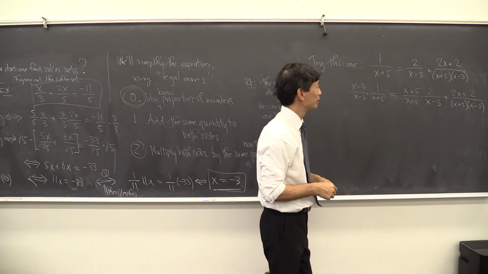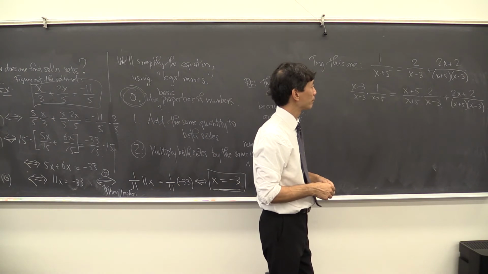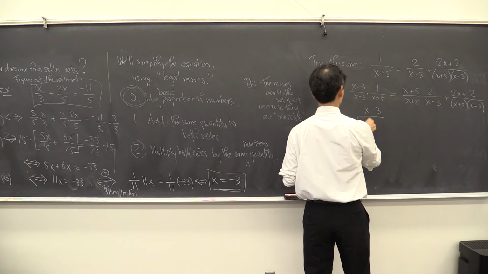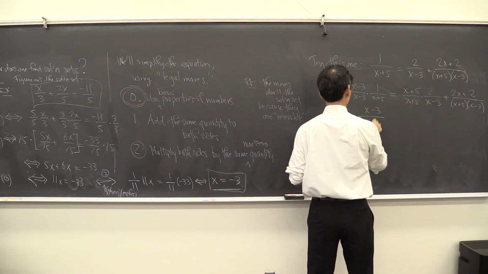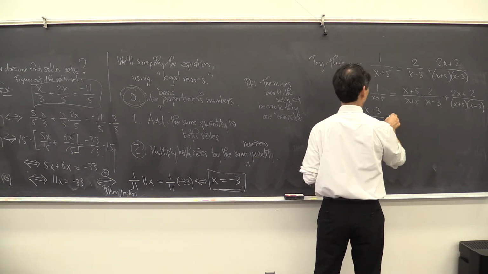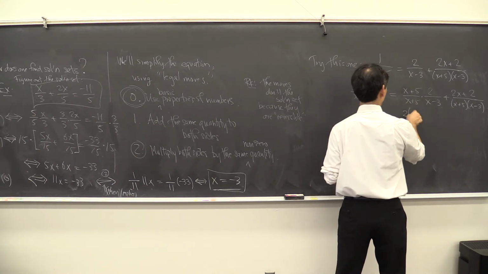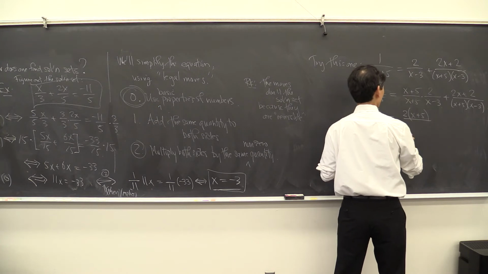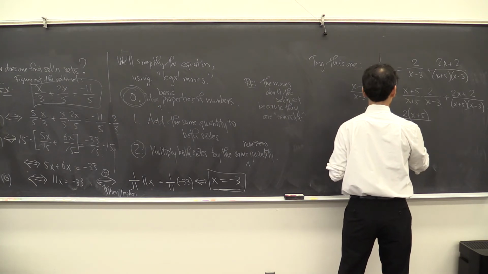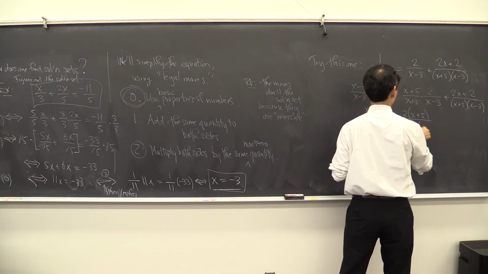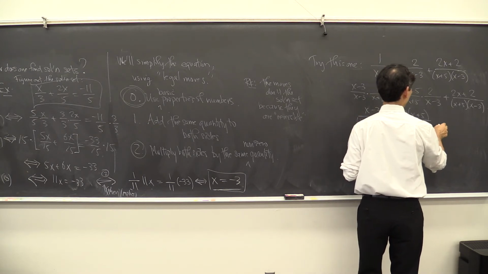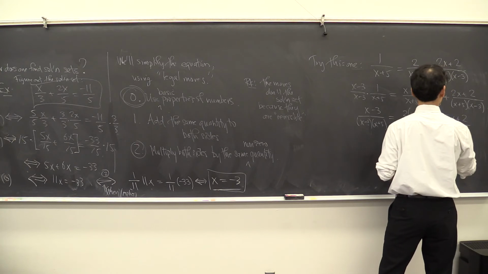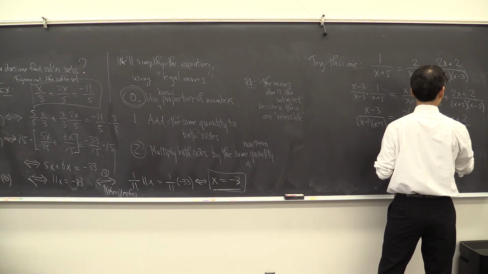So then it would be x minus 3 over x minus 3 times x plus 5 equals 2x plus 10 over x plus 5 times x minus 3, plus the 2x plus 2 over x plus 5 times x minus 3.